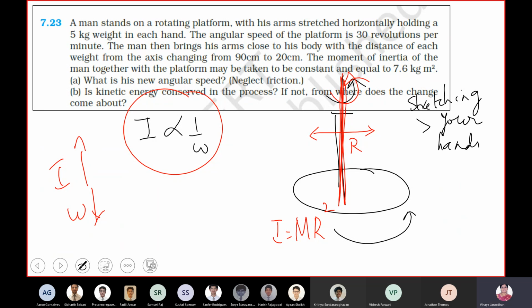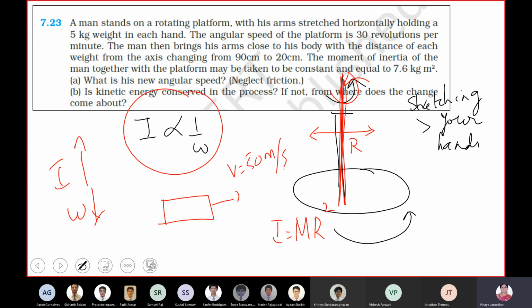No. Consider Newton's second law of motion. What does it tell you? When there is no external torque acting on the body, a body which is in motion will continue to be in motion. The body is already in motion. Suppose a body is moving with a speed of 50 meters per second.